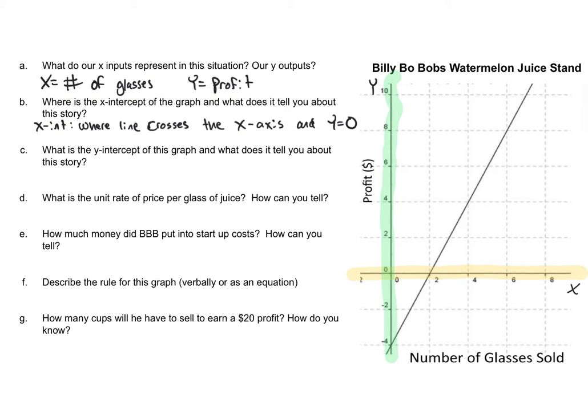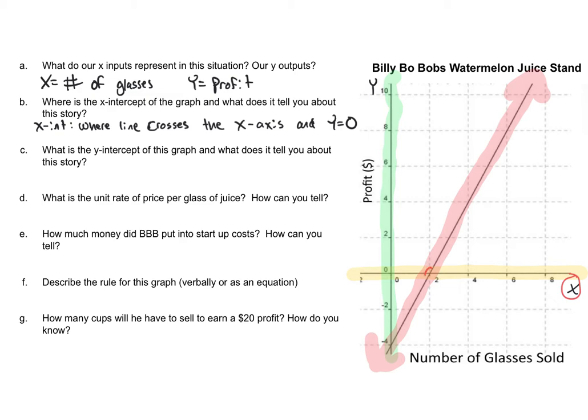So the line, this is the line, this in red. That is the line of the function of this situation of Billy Bo Bob's watermelon juice stand. And so the x-intercept is where this line crosses the x-axis. Here's the x-axis.